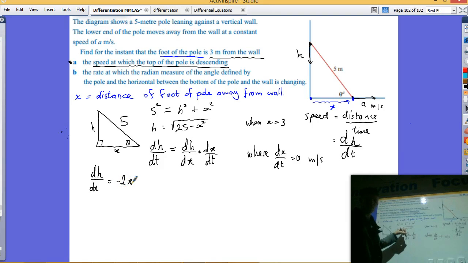Derivative of the 25 is 0, and then the derivative of the second term is negative 2x there. So that's the first part, multiplied by the outside part, the derivative of the square root of u, which is the substituted pronumeral for the inside.